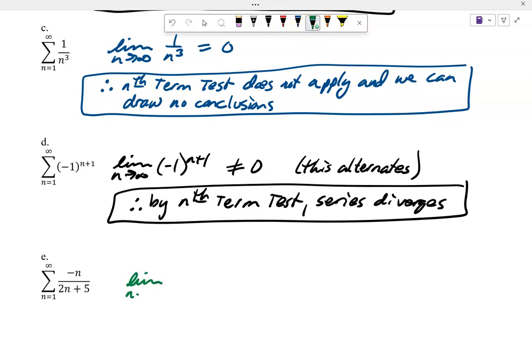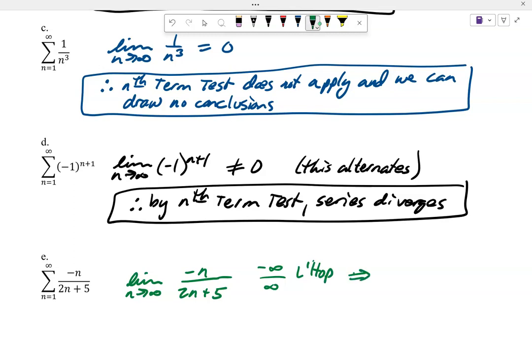All right, how about our last one here? Limit as n goes to infinity of negative n over 2n plus 5. This is a good one if you want to pause it and do a little try on this. That'd be great. So if you did this algebraically, you divide everybody by that n from the 2n plus 5 on the bottom there. Let's do this with L'Hopital's, though. Notice if I plug infinity in, I get negative infinity over infinity, right? So this is indeterminate in form.